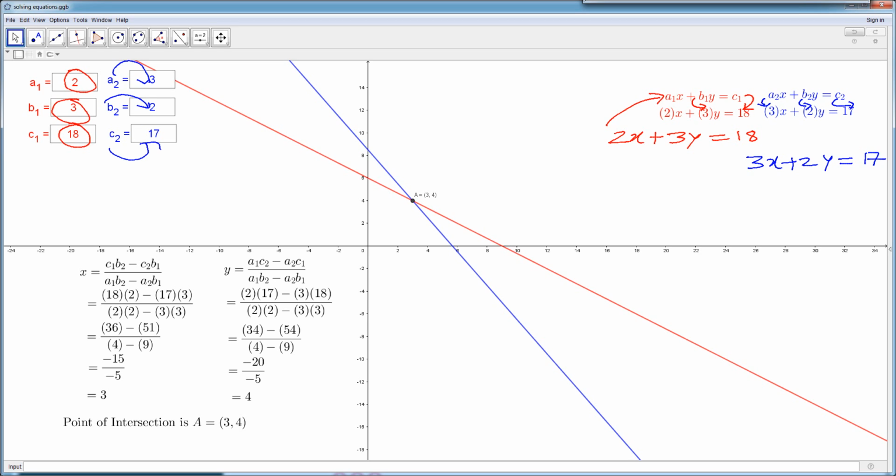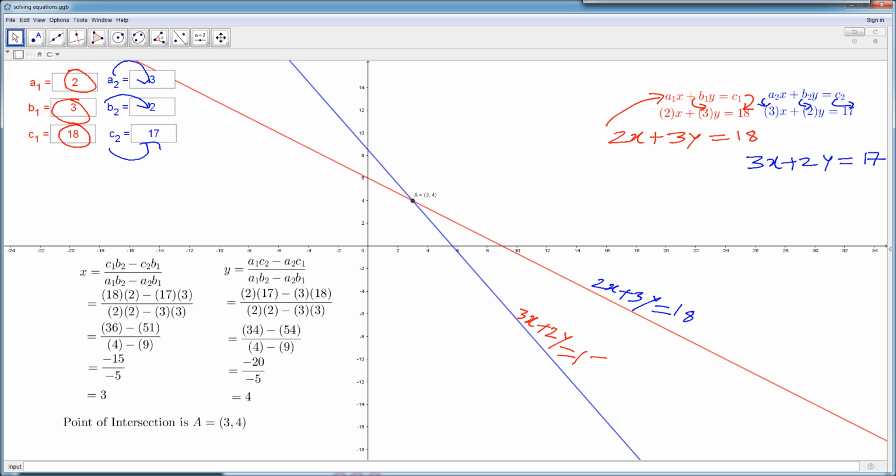We have two straight lines. The first straight line is 2x plus 3y is equal to 18, and the second line is 3x plus 2y is equal to 17.